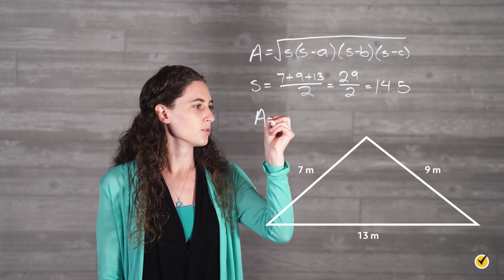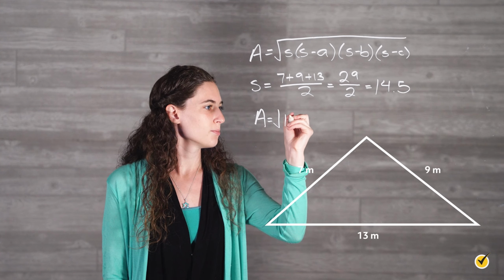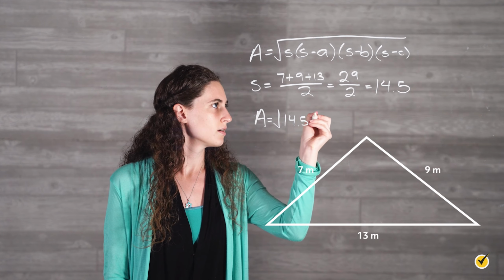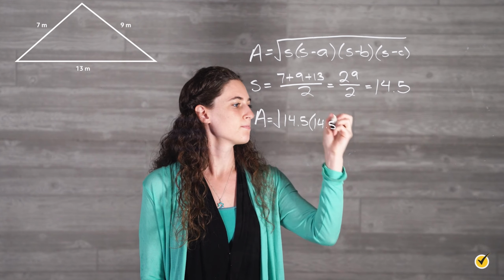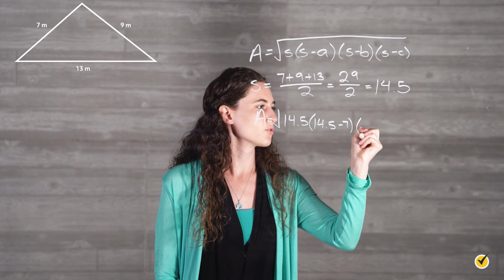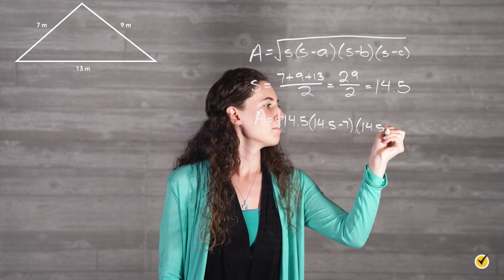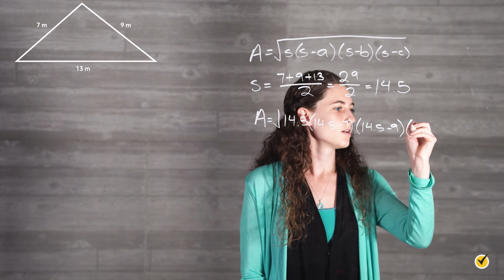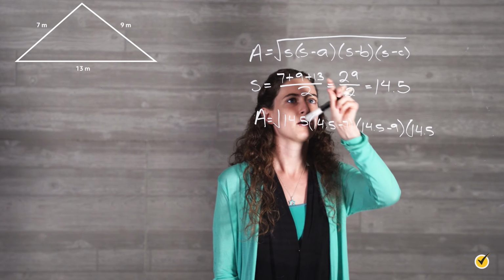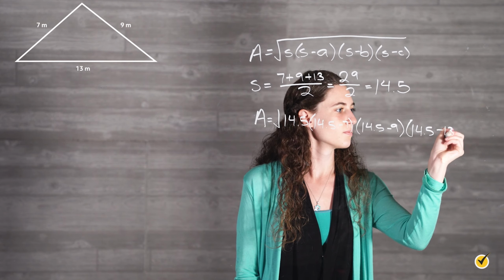A is equal to the square root of 14.5 times 14.5 minus 7 times 14.5 minus 9 times 14.5 minus 13.